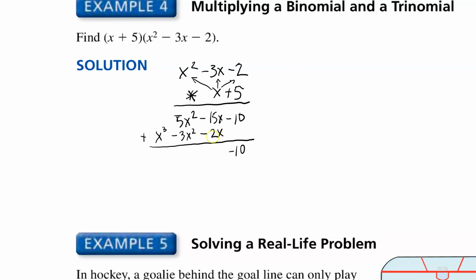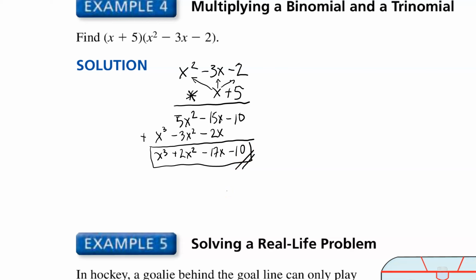Negative 15x and minus 2x is negative 17x. And 5x squared minus 3x squared would be plus 2x squared. And then we have x cubed.